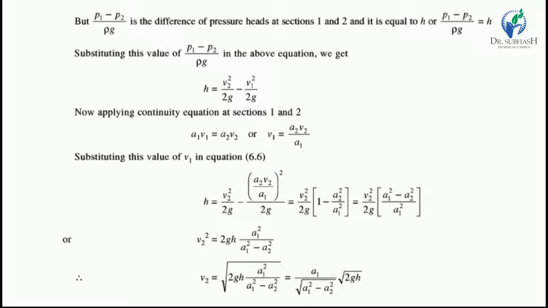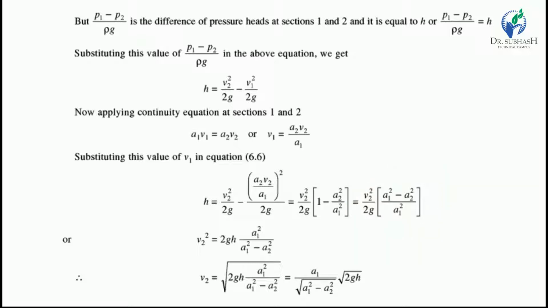Now put the value of V1 into this equation, and we get this equation. V2 square upon 2g is taken common, so in the bracket only 1 minus A2 square upon A1 square remains. So the equation is modified in this way.